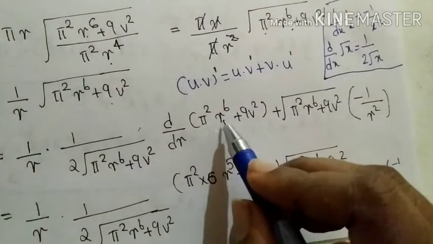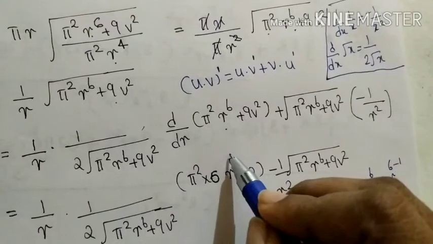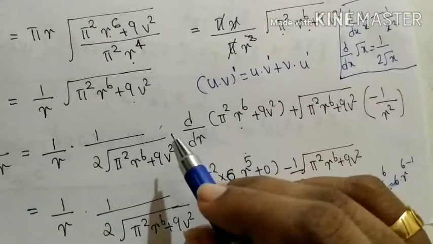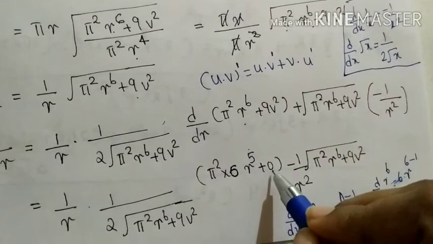So pi square into 6 into R raised to 5 plus 9V square is a constant, right? So derivative of constant is 0.